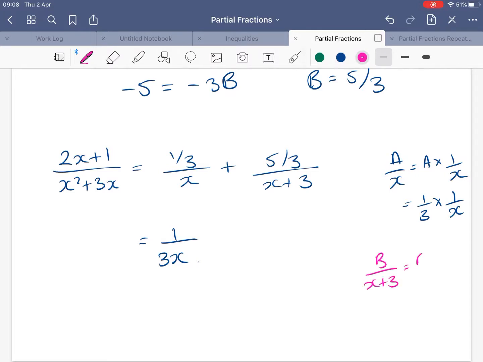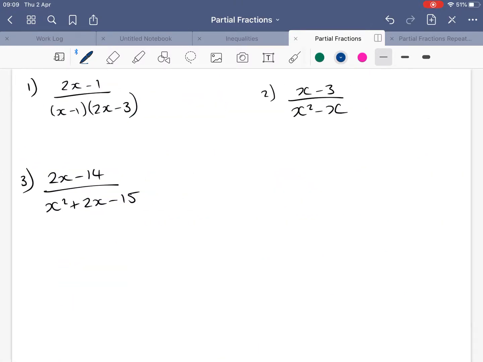Well, I could write that as b times 1 over x plus 3. And I've just discovered that b is 5/3. So 5/3 times 1 over x plus 3. A nicer way to write that would be 5 over 3 bracket x plus 3. Okay? And that's a much nicer way of writing it when you have a fraction.